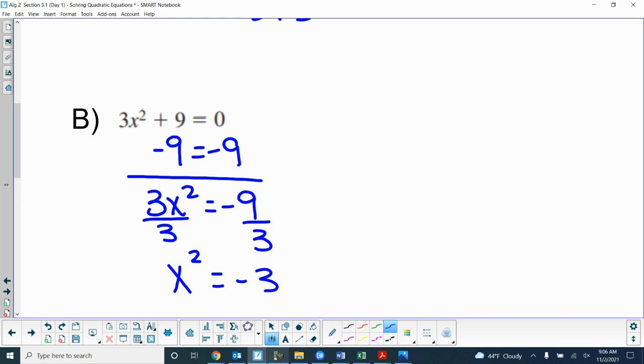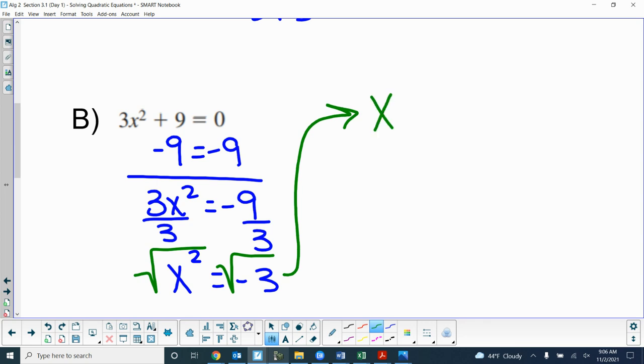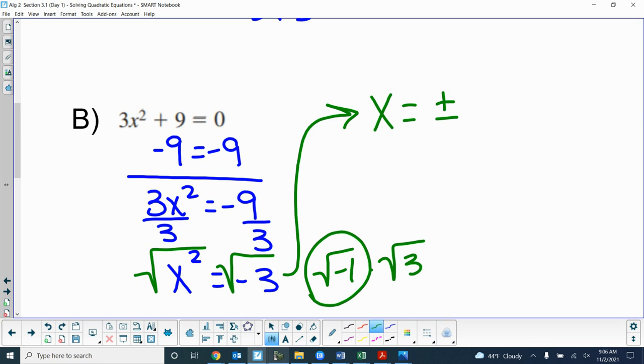All right? But now, we're going to take the square root. All right? We get x equals plus or minus. Now, when we do this, we're going to think about it as the square root of negative 1 times the square root of 3. There was a mathematician that said, let's make the square root of negative 1 equal to i.